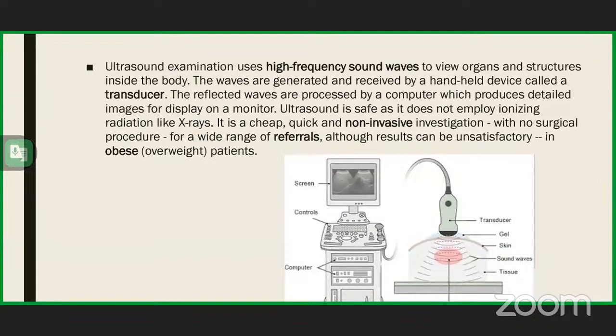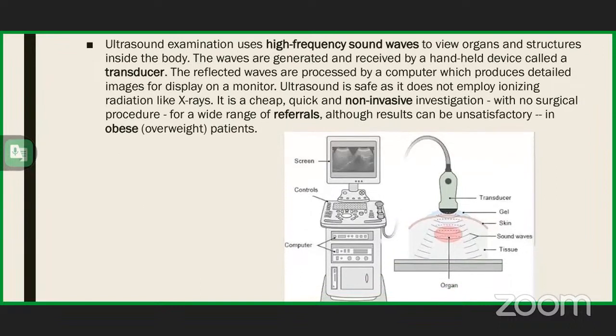We can check how it works. On the ultrasound examination, you use high frequency sound waves, as Stacy was reading. And we can view organs and structures inside the body. The transducer, this device, is sending the waves into the body, and then we get the organ or the mass we want to study.